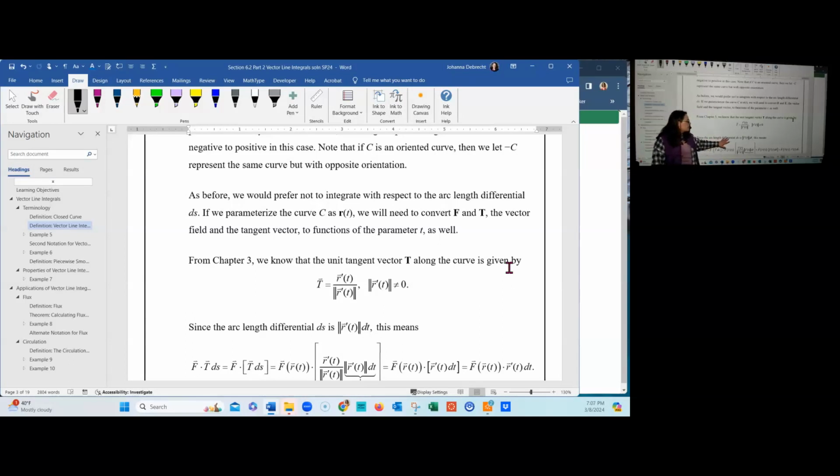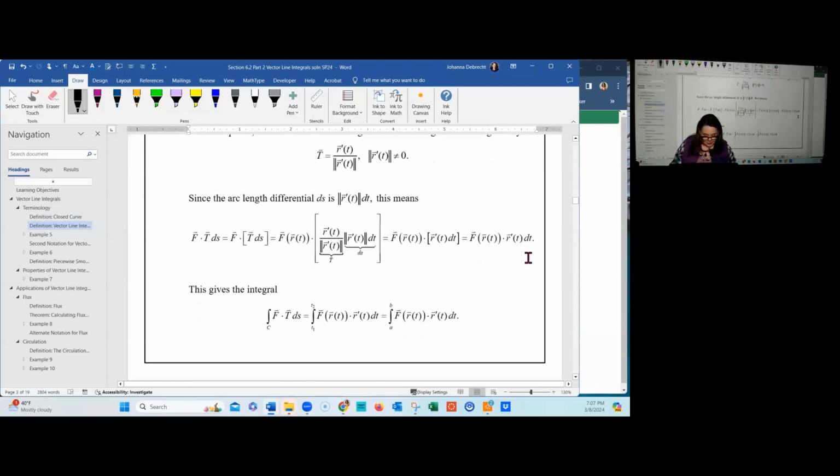Since the arc length differential, ds, we found previously when we were looking at scalar line integrals to be the magnitude of r prime of t multiplied by the differential dt, we can replace these in our integrand for the vector line integral. The vector line integral on an oriented smooth curve C is the integral of F dot T ds.